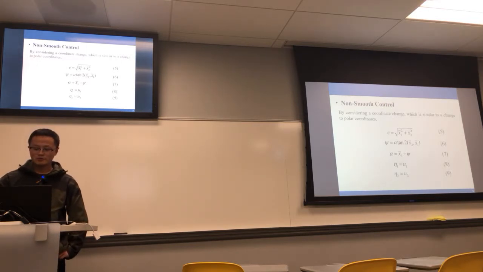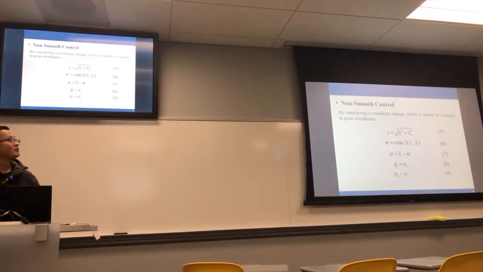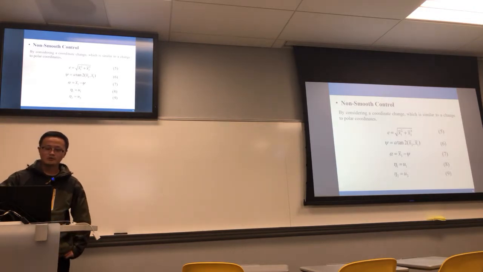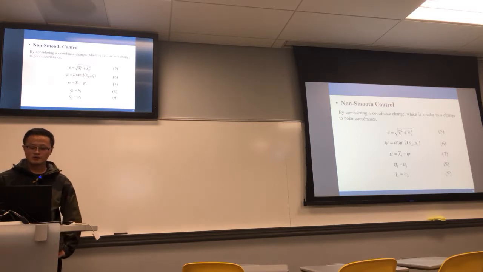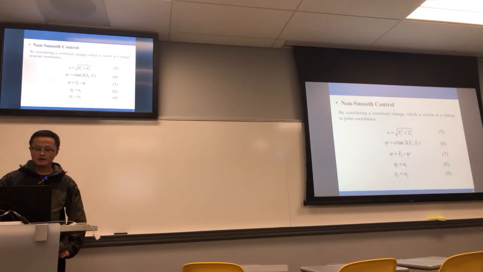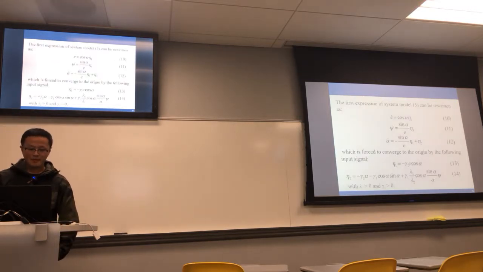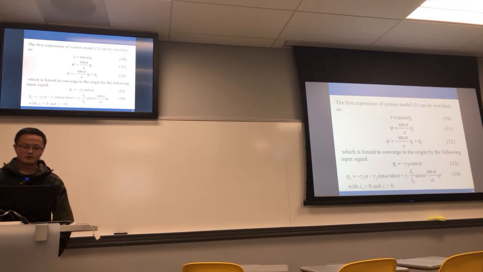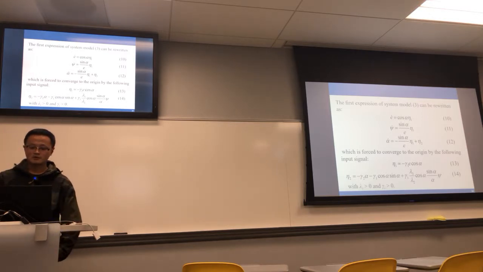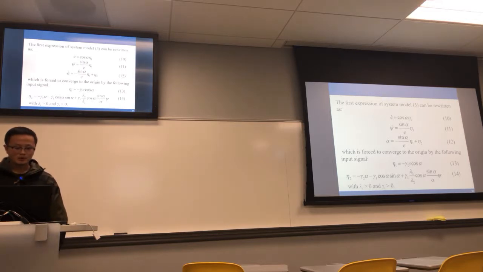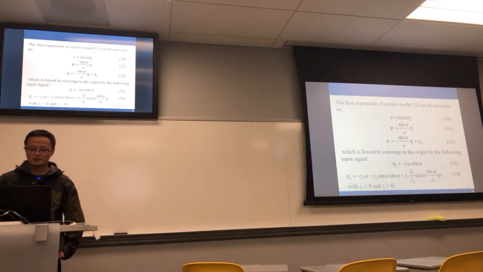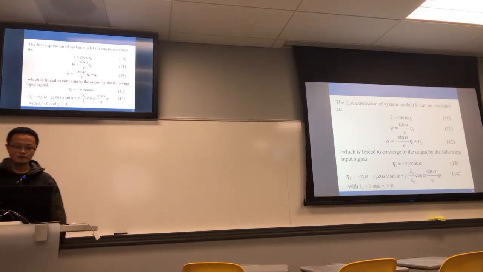Equation 5 to 8 is the first expression of equation 1, and eta 1 and eta 2 are the inputs. Now the first expression of system model 3 can be rewritten in this form, which is made to converge to the origin by the following input signal. It can be easily proved by a Lyapunov function.